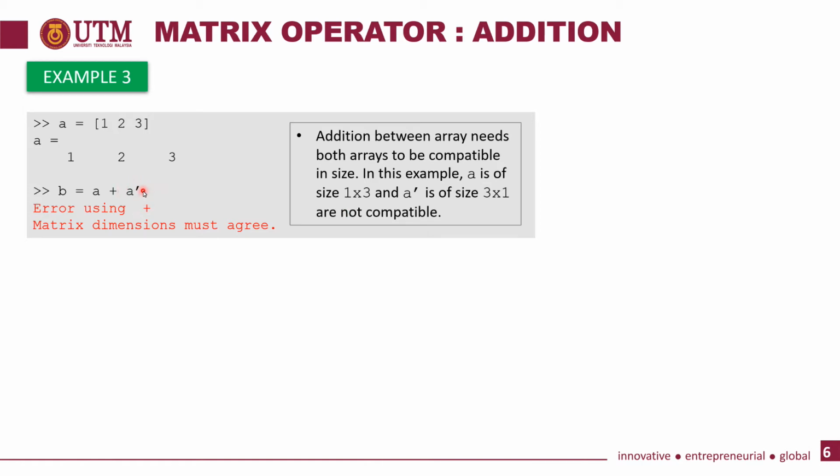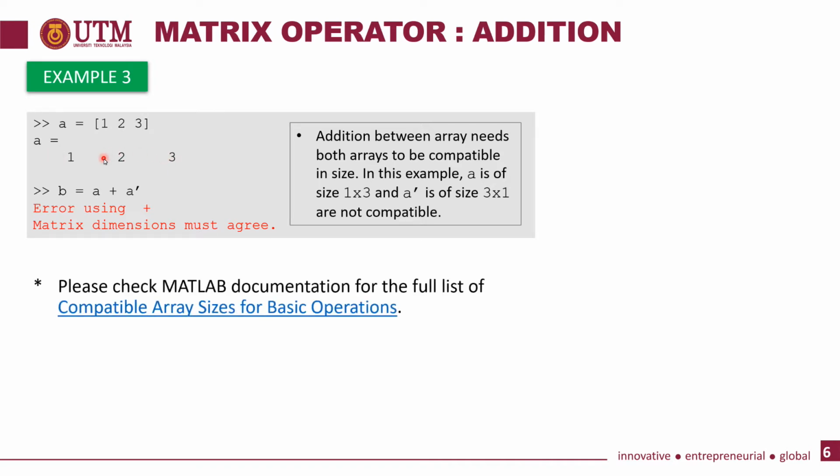The transpose converts columns into rows and rows into columns. So in this situation, you are adding two matrices, A and A transpose, with different sizes. When you execute this operation, MATLAB will give you an error: error using plus, matrix dimensions must agree.